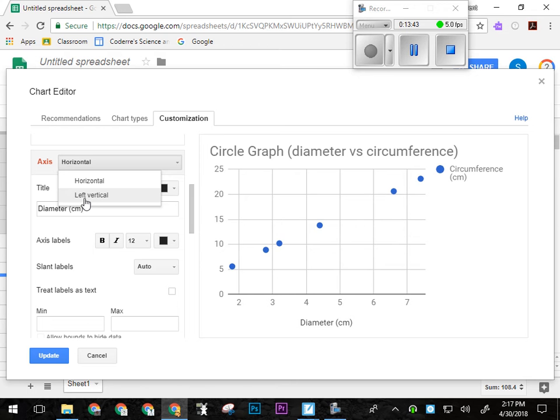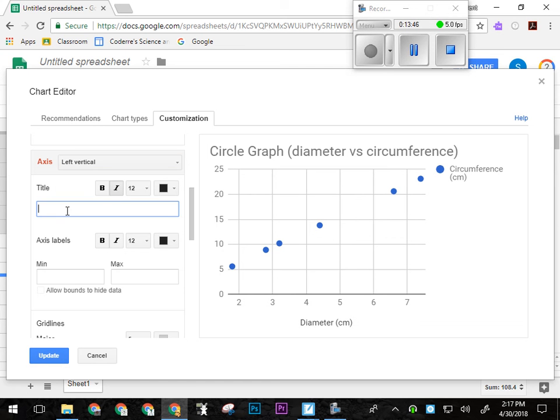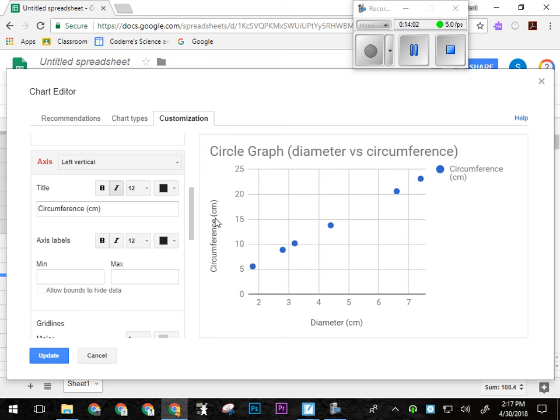So I click on left vertical and I type in what I want that axis to be, and it's circumference. And that's also in centimeters. If I click away from that, you can see that it puts it in there as well.